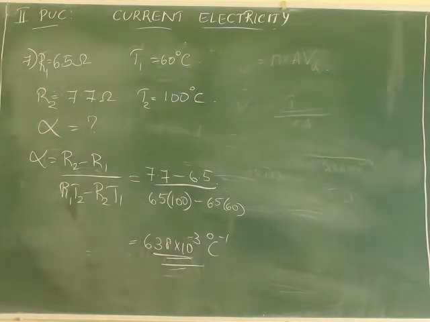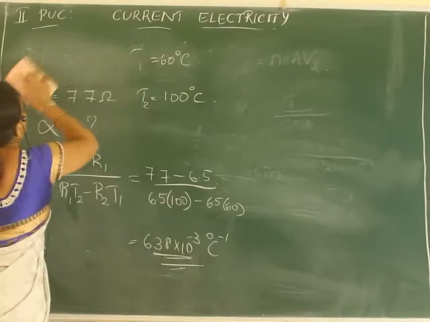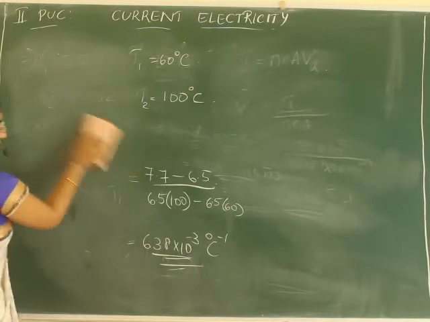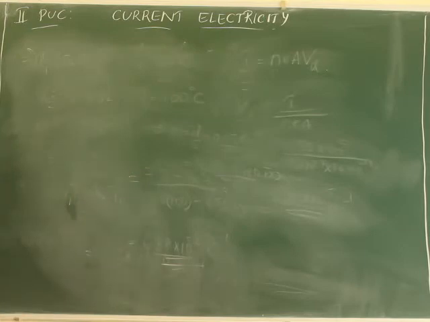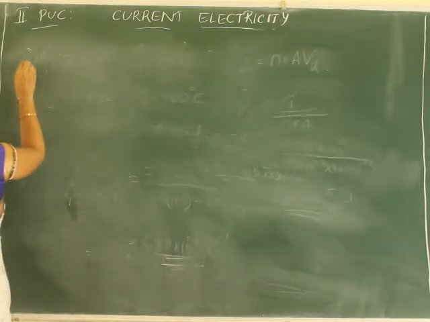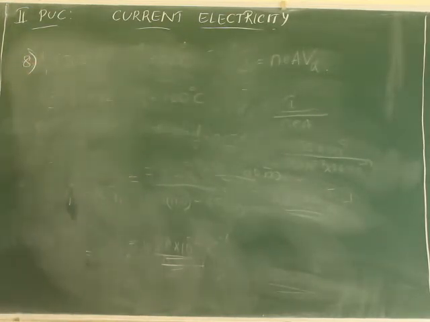Next problem. Find the resistance between A and B in the following circuit. Okay, we'll draw that circuit once. Question number 8.